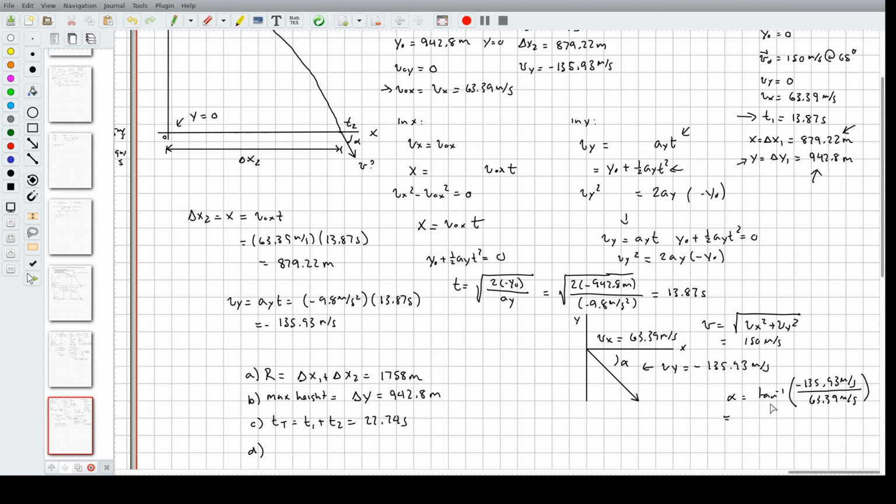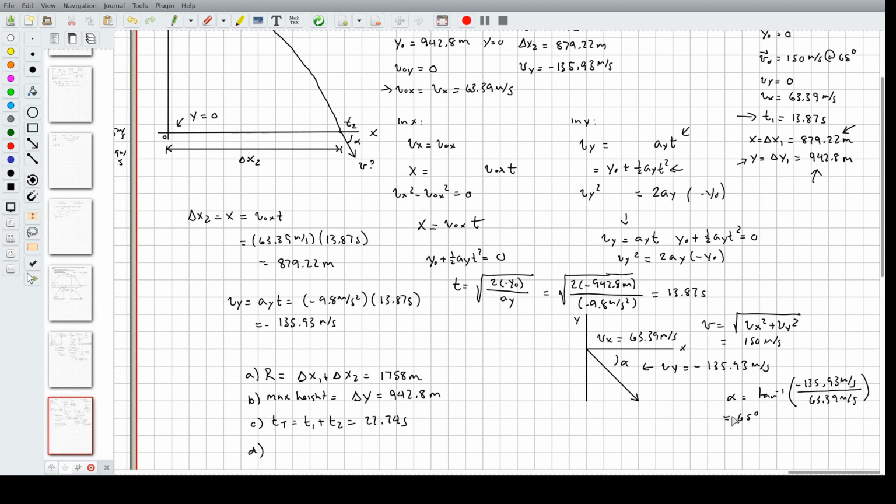If you plug that into your calculator, you get 65 degrees.